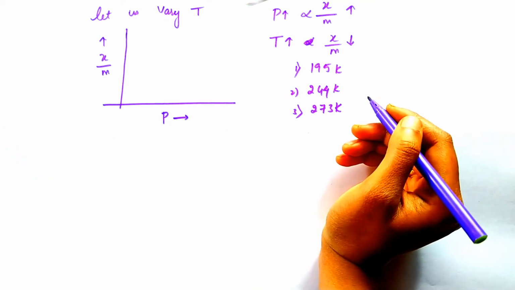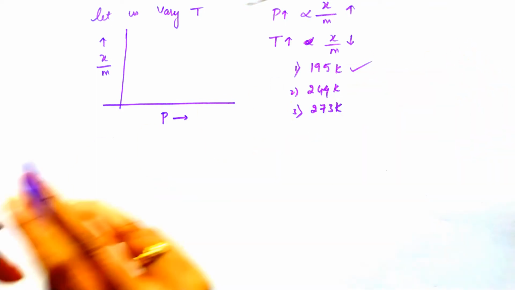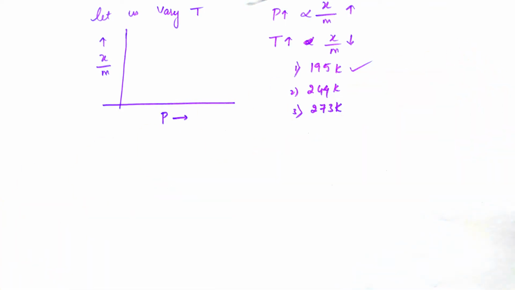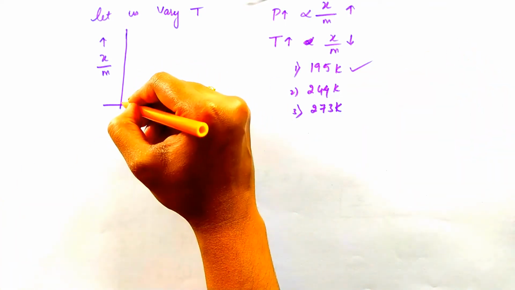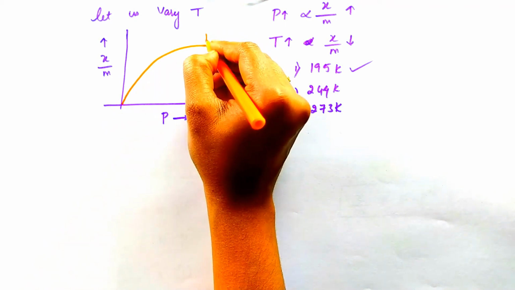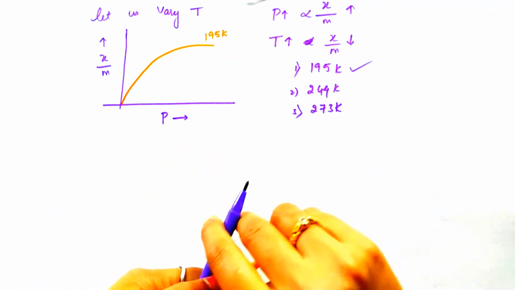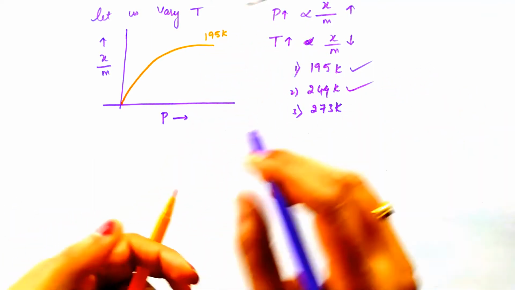Let us draw the graph for these temperatures. For 195 Kelvin, as the pressure increases, extent of adsorption also increases. Let's move on to 244 Kelvin.